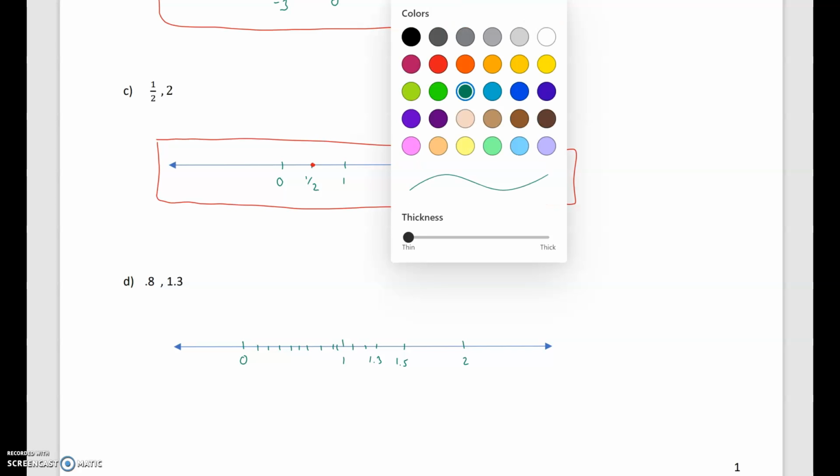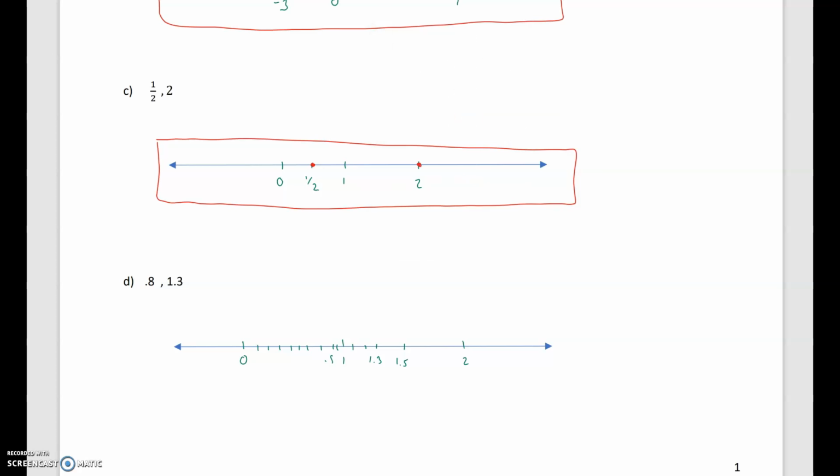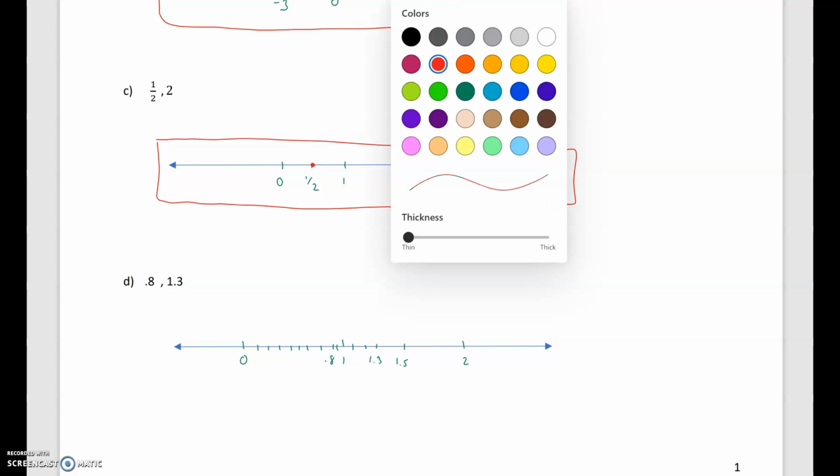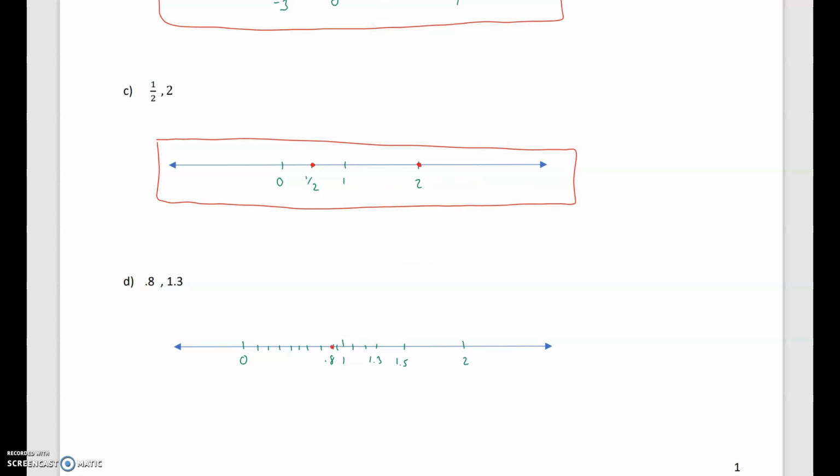Okay, and then just to make sure that it's clear that we're dotting 0.8, we're just going to put the 0.8 there, and then the 1.3 there.